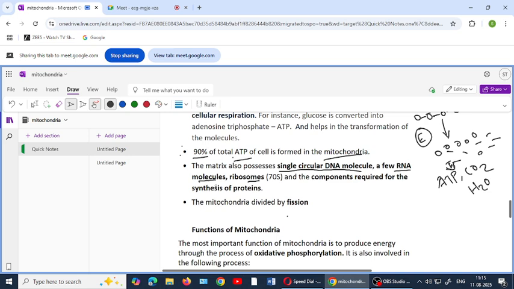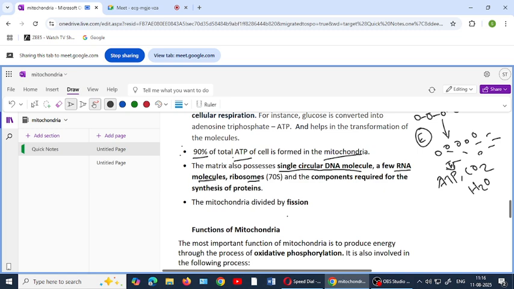Normally we have two types of ribosomes, 70S and 80S. The 70S is present in prokaryotes and some eukaryotes, and the 80S is exclusively present in eukaryotes. That means 70S is the smaller version of 80S. You got it? Yes.